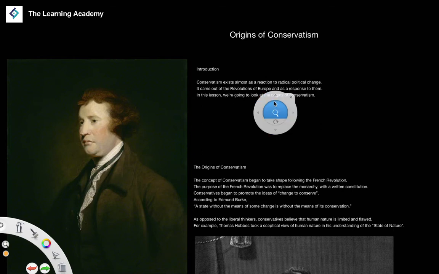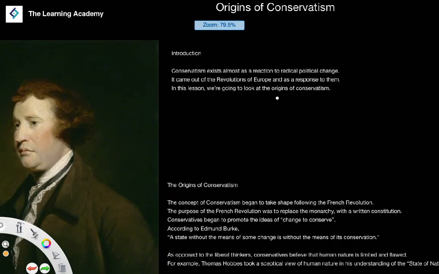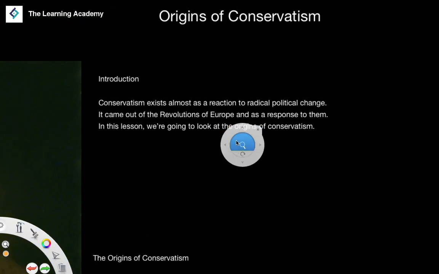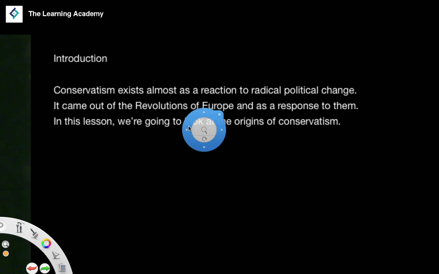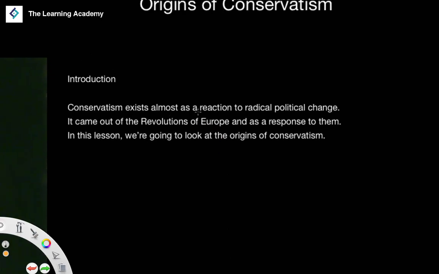So, as an introduction, we should note that conservatism exists almost as a reaction to radical political change. Okay, so it's a reaction to political change, and this is why it's often given the title of being reactionary.